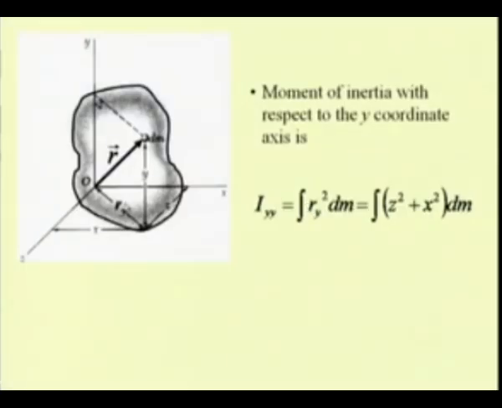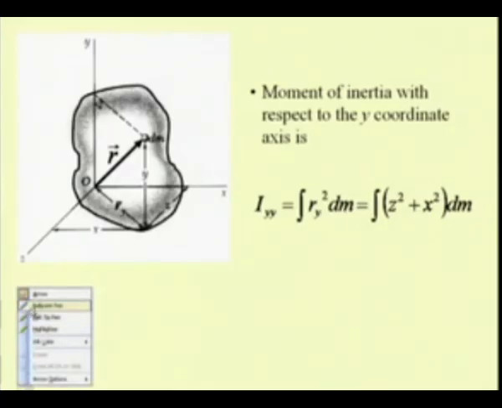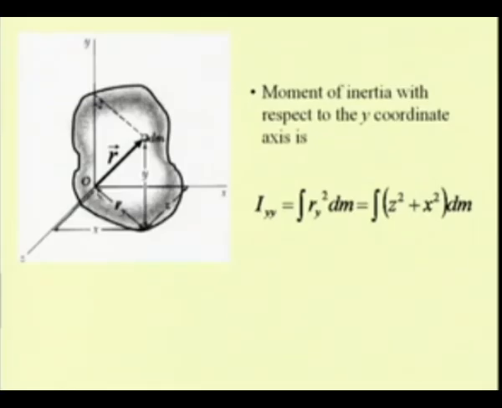But from the geometry, we see that r_y square is nothing but z square plus x square. This comes from this right angle triangle, because this angle is 90 degrees.